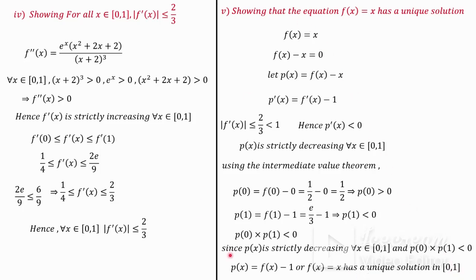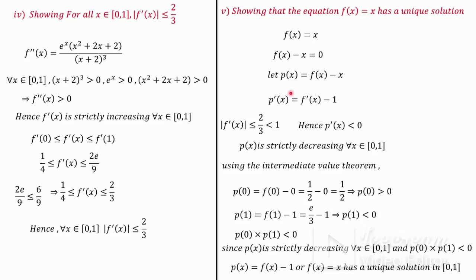So this Roman 5, this is the logic. I will take it back again. In order for us to show that the equation f of x equals x has a unique solution, the first thing is to look at whether this function p of x, which we obtain by simply sending x to the other side, is strictly increasing or strictly decreasing in the interval 0 to 1. In this case it was strictly decreasing.